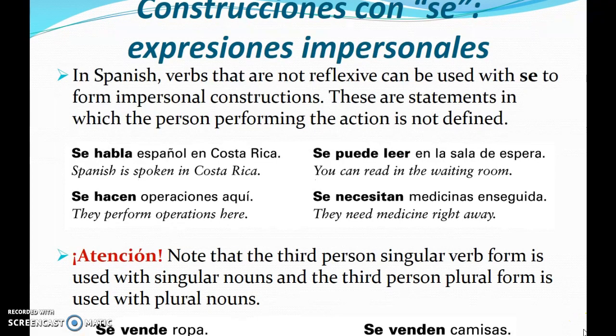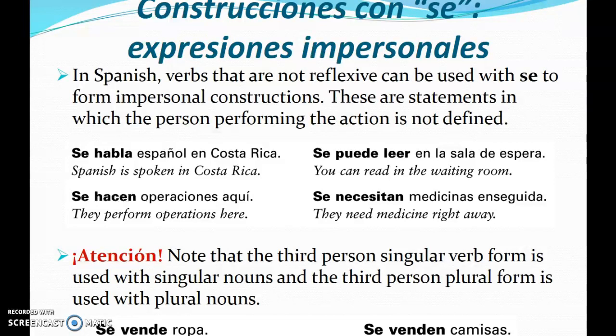Okay, so construcciones con se, expresiones impersonales. So in Spanish, verbs that are not reflexive, because we know we use se with reflexive verbs like se baña, se levanta, se despierta. Okay.